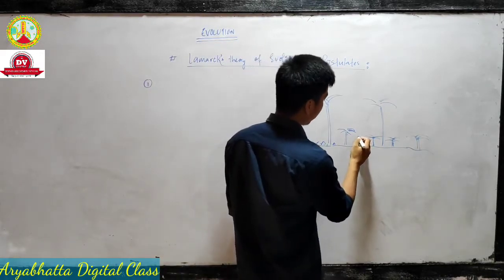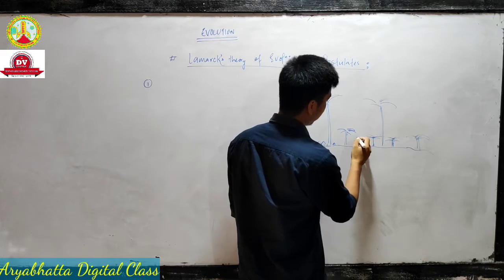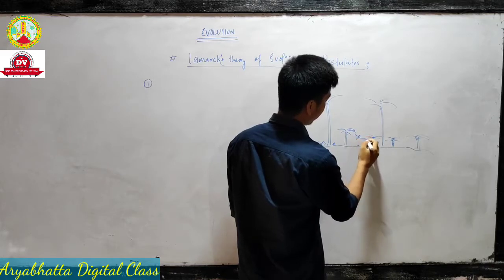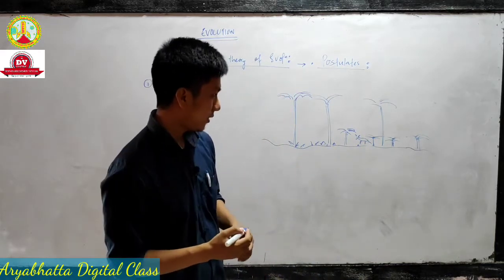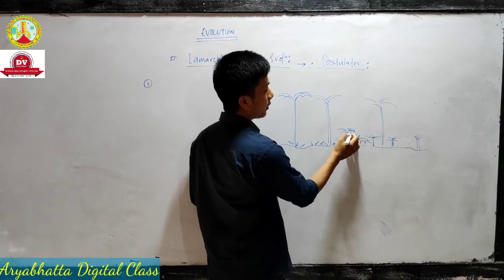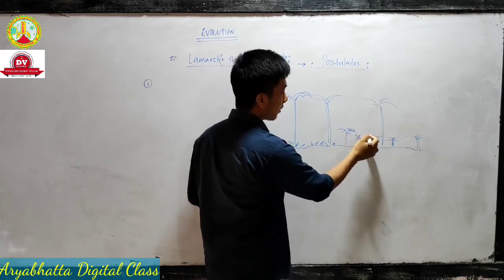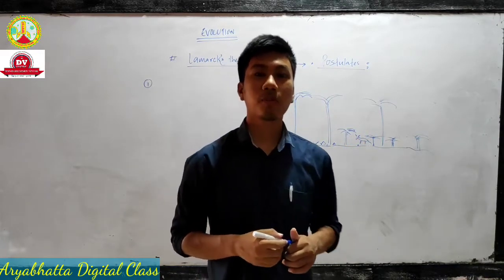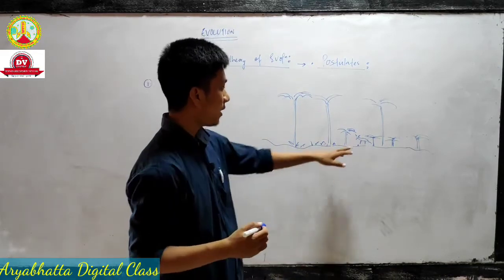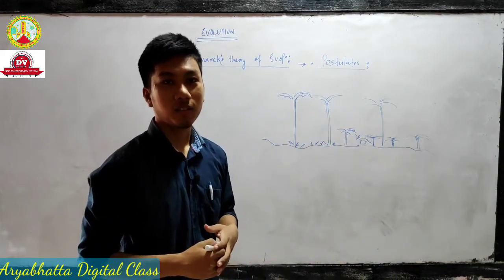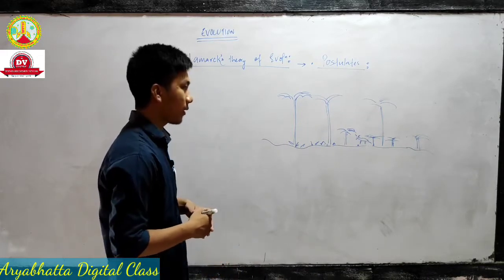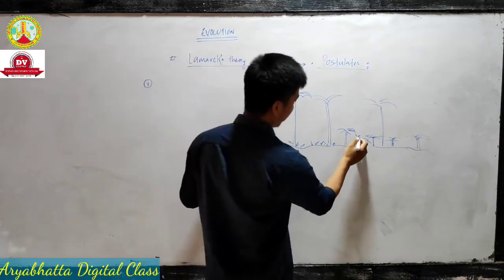So they were donkey kind of animals which feed on the small trees, the leaf of the small plant, because their height is only that much. So they feed on the leaf of the small tree. This animal here.